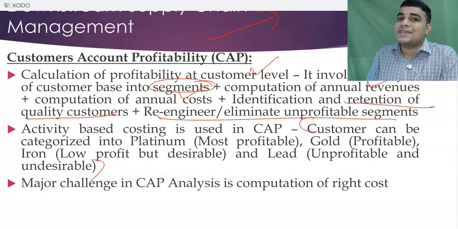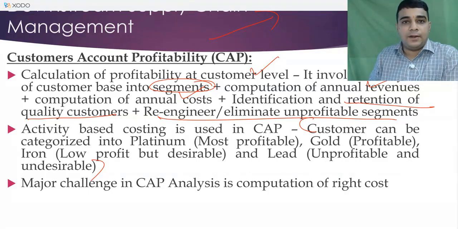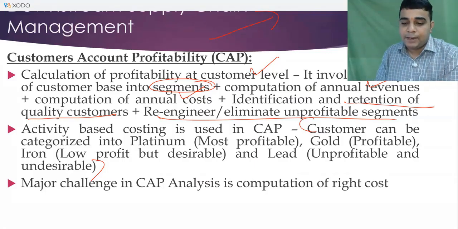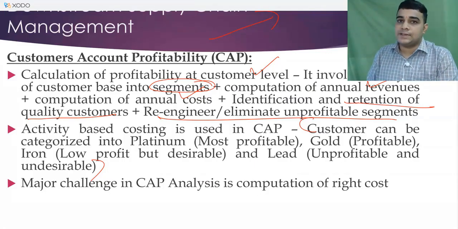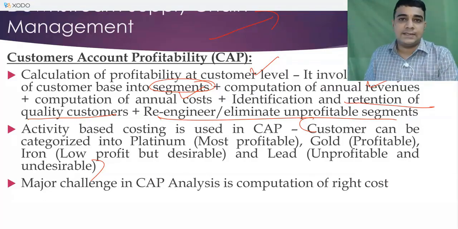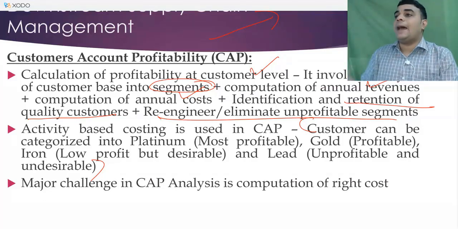There is something called customer lifetime value analysis, which focuses on lifetime profitability of a customer. You need to make certain assumptions. For example, let's assume you start our classes at CA foundation level. We start with a very low pricing at CA foundation and you are happy with us.